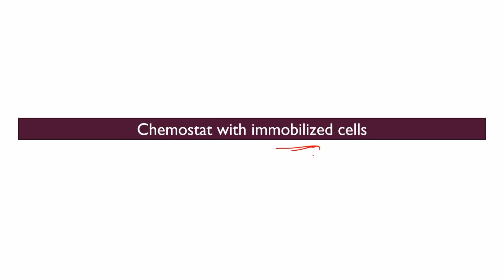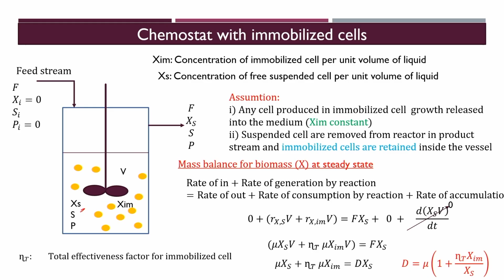Now, going ahead, we will be discussing chemostat with immobilized cells. So far we have discussed free cells, now we will go to the immobilized cells. There are free cells also and immobilized cells also. So, we will do this material balance for the immobilized cells.